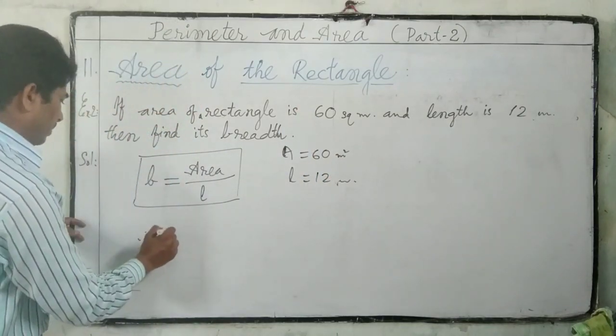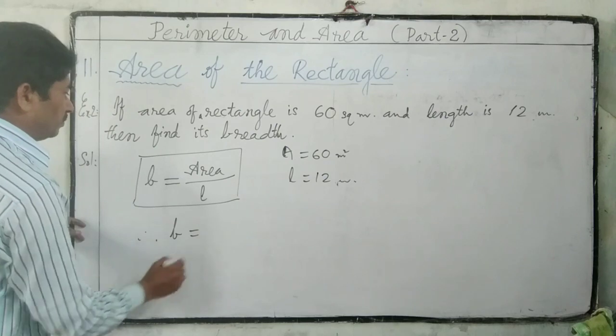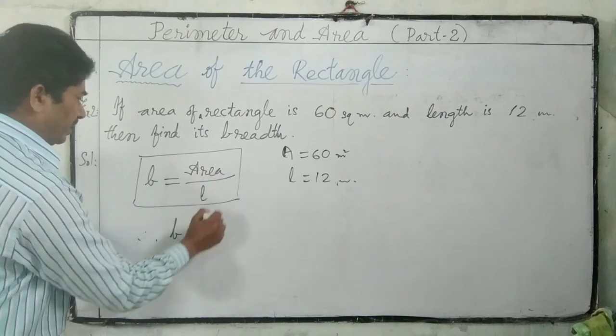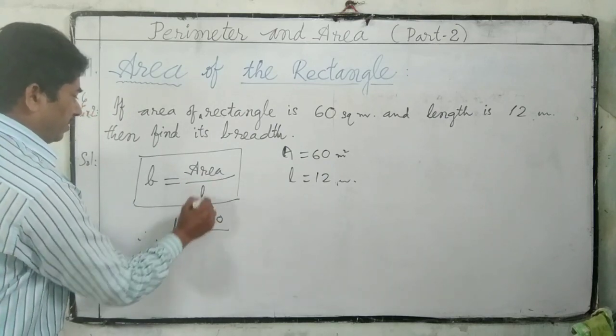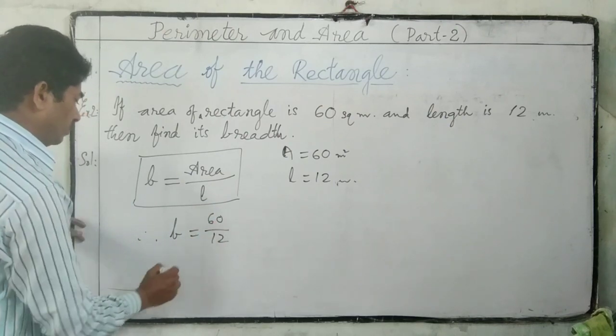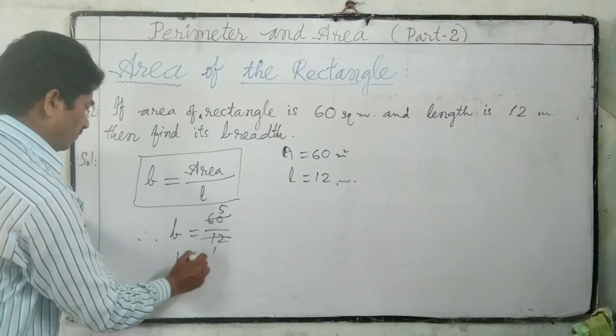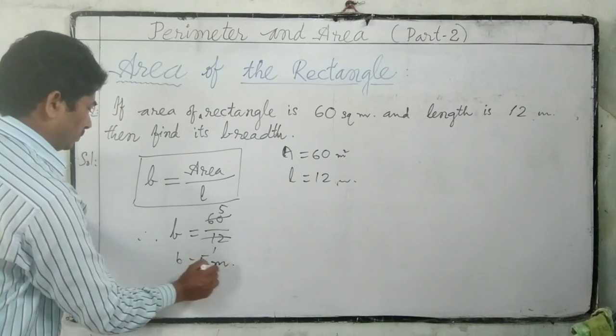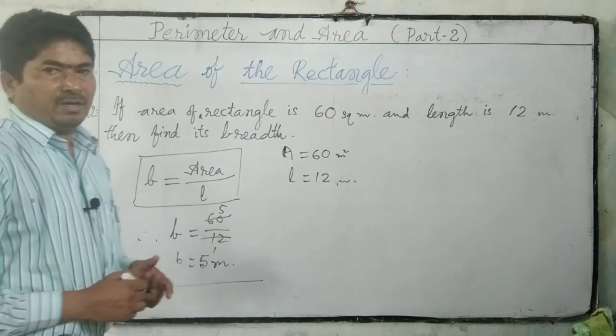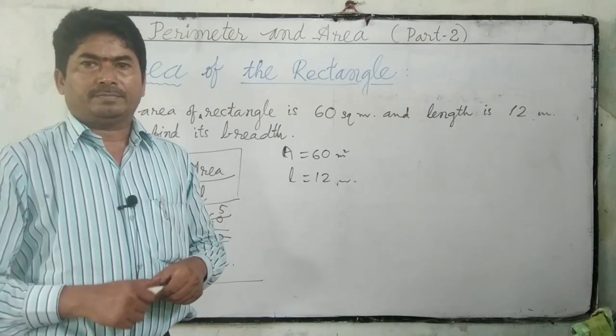Therefore, breadth B is equal to area 60 by length 12. B is equal to 12 ones are 12, 12 fives are 60, 5 meters. So this is the breadth of the given rectangle.